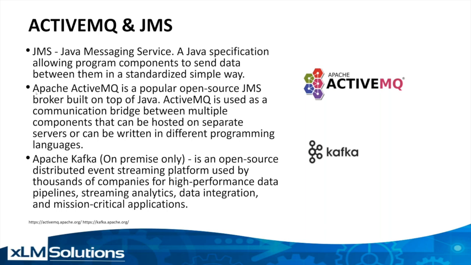Okay. Apache ActiveMQ is the message broker. It's the mechanism to essentially broker the JMS messages. It is the default mechanism used by the platform on the cloud. If you're using the platform on-premise, you have other options.